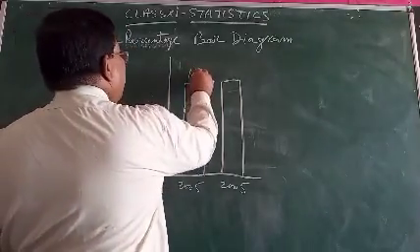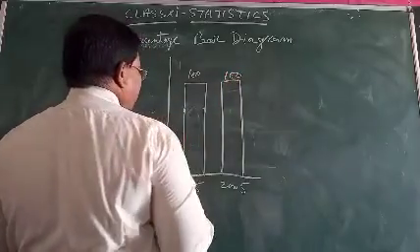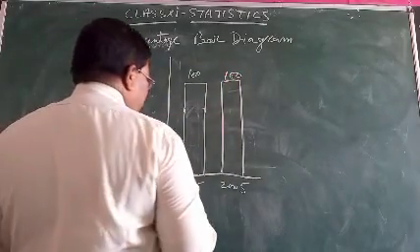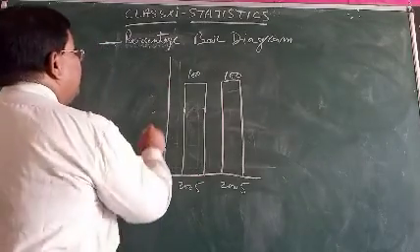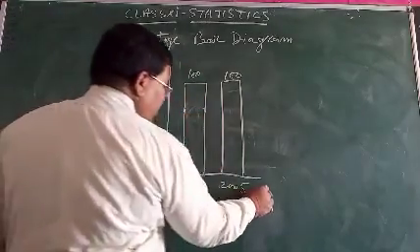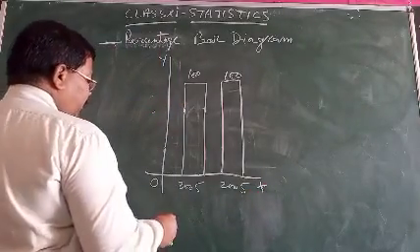So this is the 100, this is the 100. We are going to represent the production of wheat, rice and pulse in percentage form.